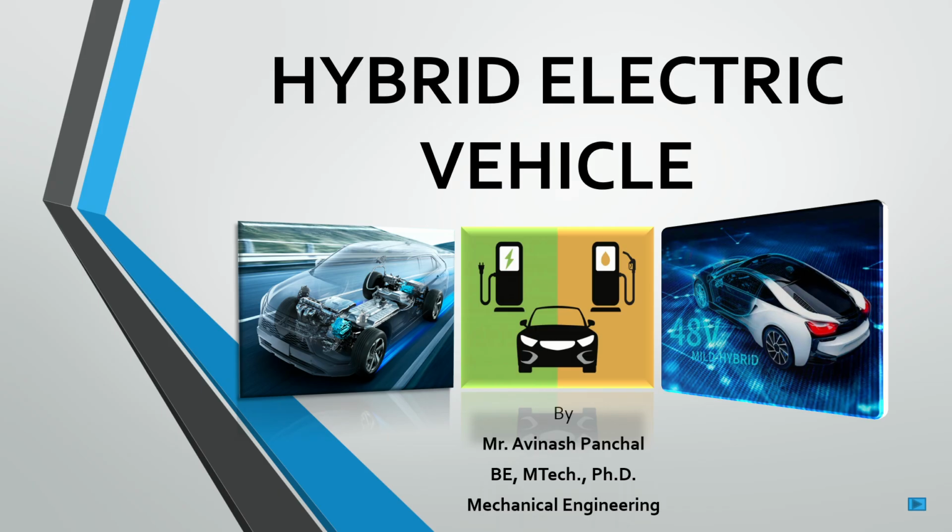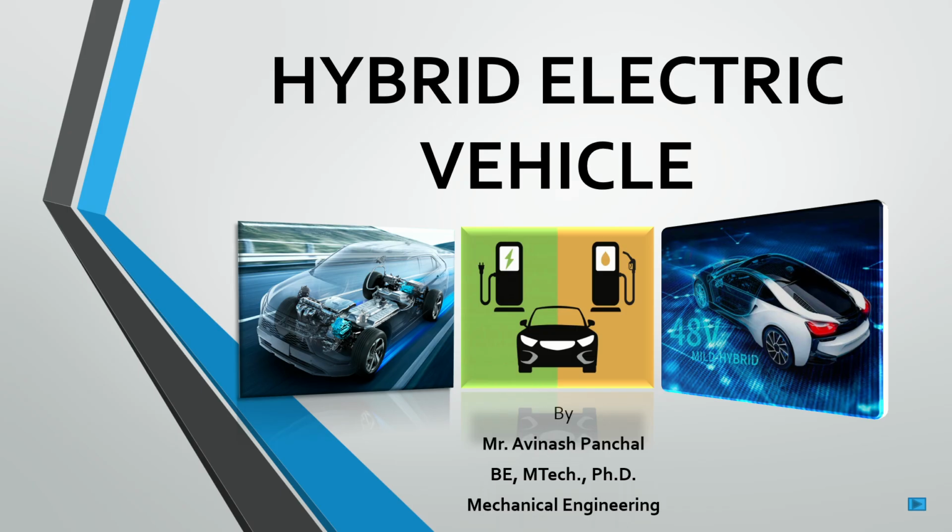Firstly, it was the introduction about what a hybrid electric vehicle is. Basically, a hybrid electric vehicle has all the structures of an electric vehicle, but it also has an alternate power unit, that is APU.